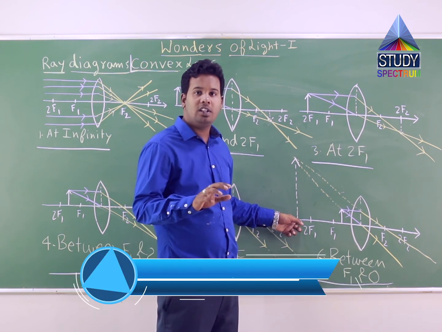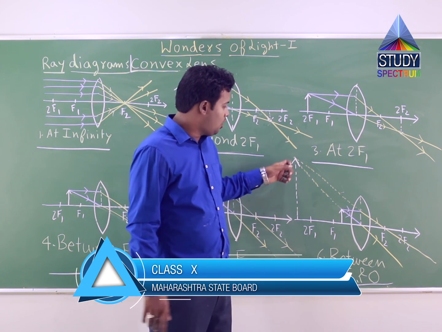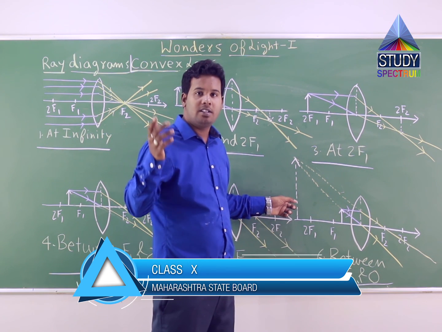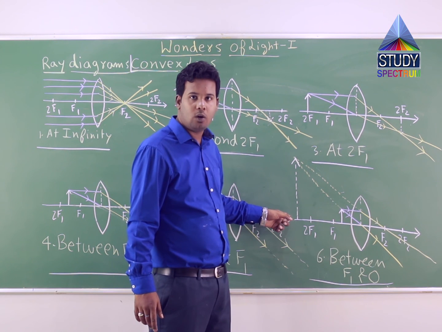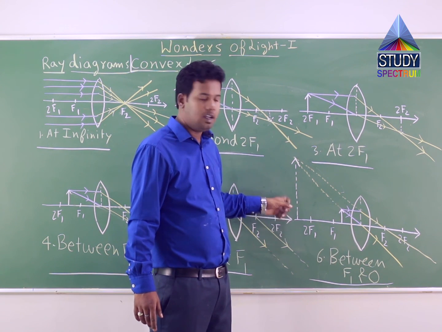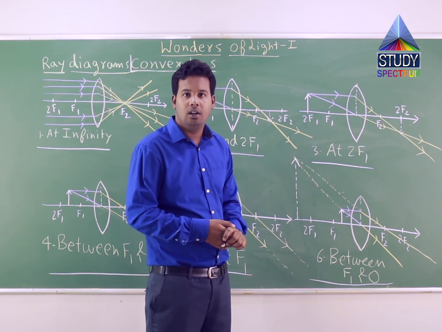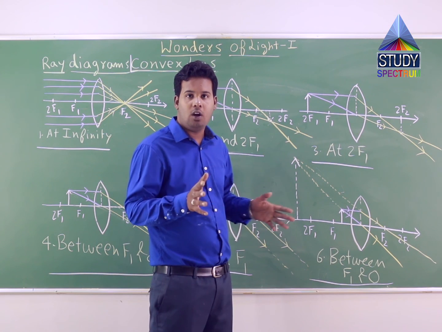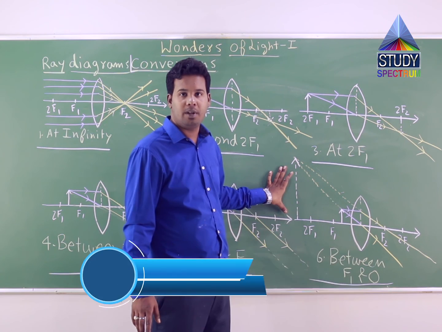And by using the magnification formula, that is h2 by h1, we got the height of image to be very large in comparison to the height of object. That is why this standing dotted arrow acting as image is much greater than the height of the object. Also, since this value was turning out to be positive, it is standing erect on the principal axis.